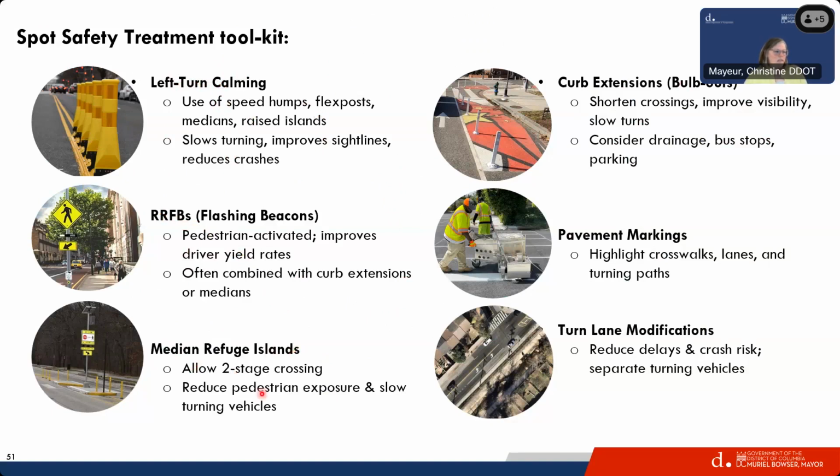Median refuge islands to also get us across the street safely. Curb extensions and bulb outs, potentially on side streets, to shorten crossings and improve visibility. Better pavement markings across those focus areas. Turn lane modifications for some, to reduce delays and crash risk, and separate turning vehicles from pedestrians.